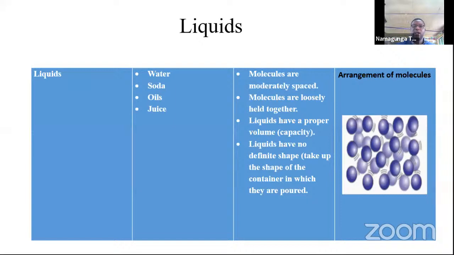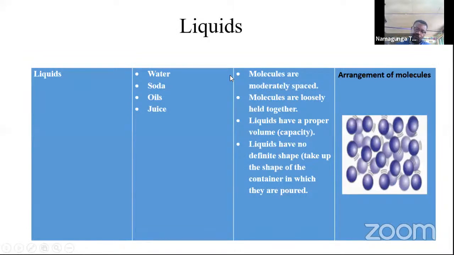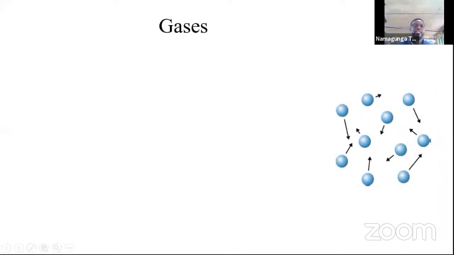So they do not have a definite or a well-defined shape. So when we look at the arrangements, you will see that the particles are not closely packed like in solids. Are we together? So let's look at gases.